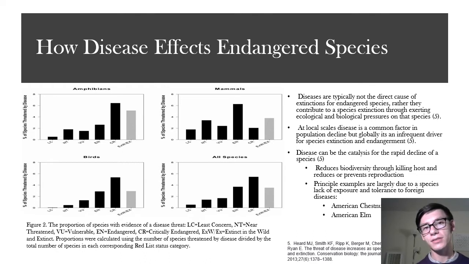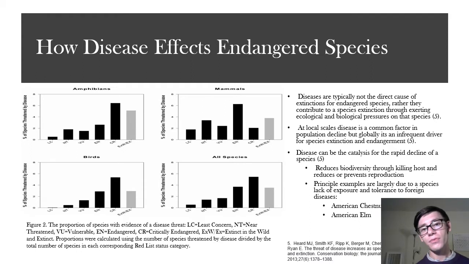So how does it reduce biodiversity? Pretty simple. It's two factors. It reduces reproduction or stops it completely, and it kills the host. If the host can't pass its genes on, then you lose genes in a population. And if it can't reproduce, well, it can't pass those genes on.